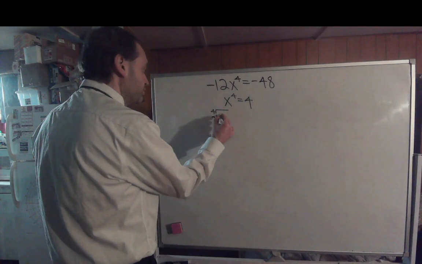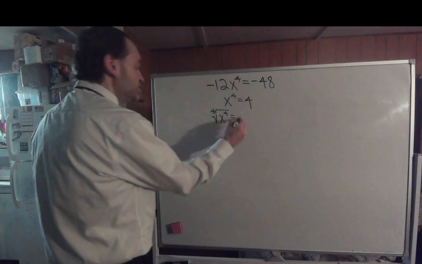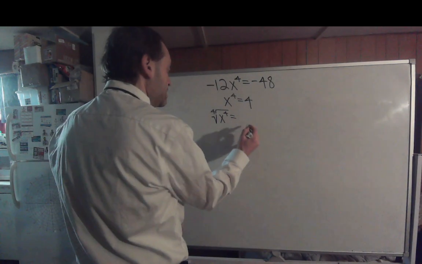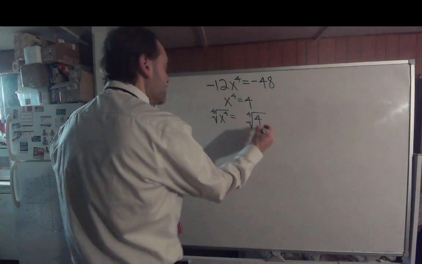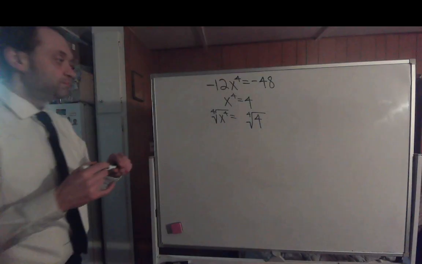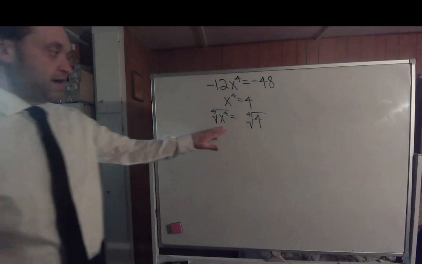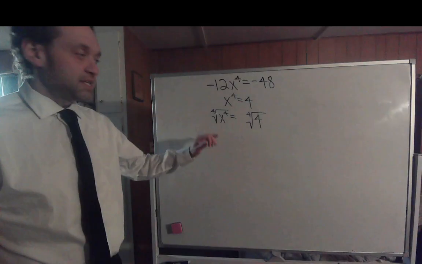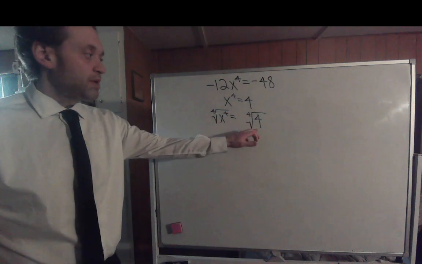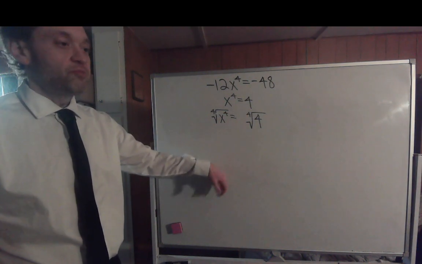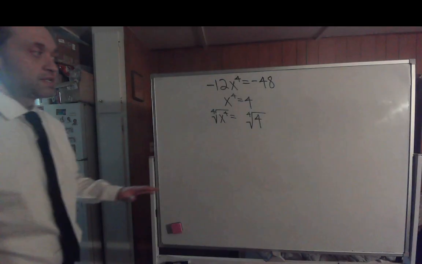So the fourth root of x to the fourth is going to equal the fourth root of 4, but remember something. If you have any positive number under the radical, you actually have both a plus and a minus, right?